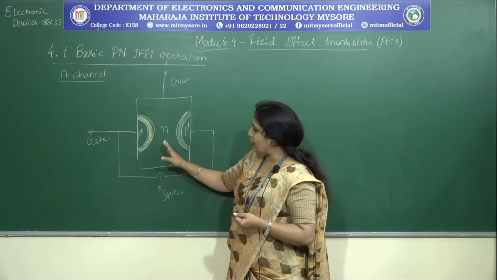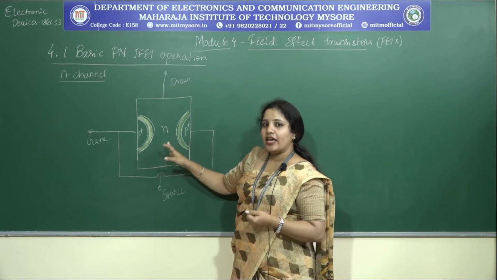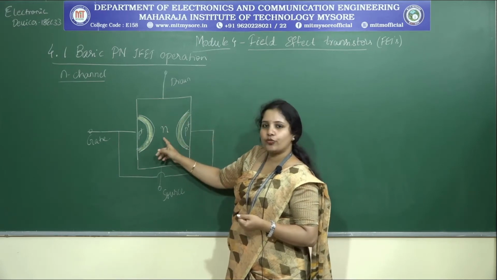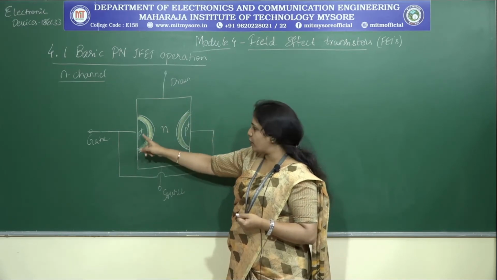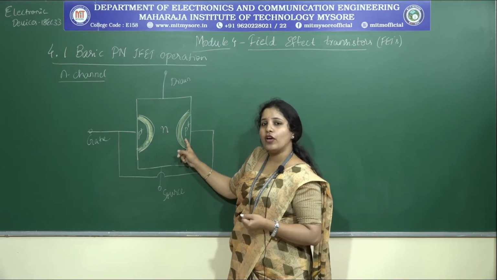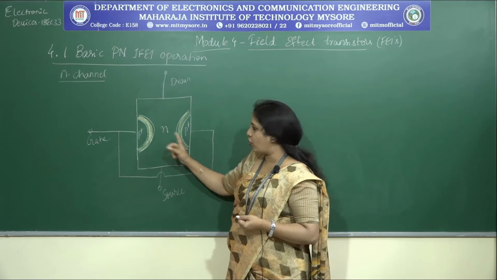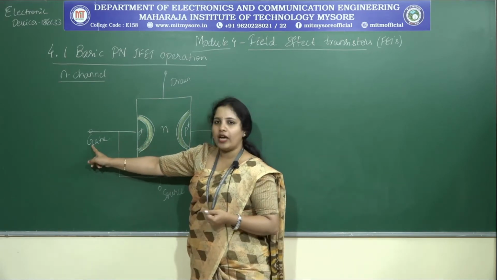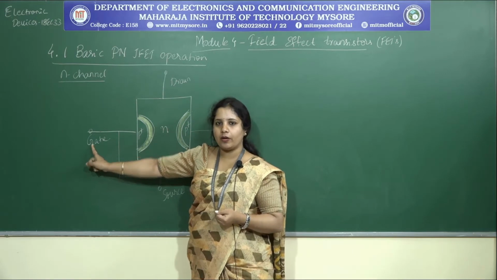Now, if I want to represent the same in case of the P channel, what should this material be? It should be made up of P type, whereas these two regions have to be made up of N plus regions, because these have to be heavily doped, and those two are shorted together and connected to the gate terminal.